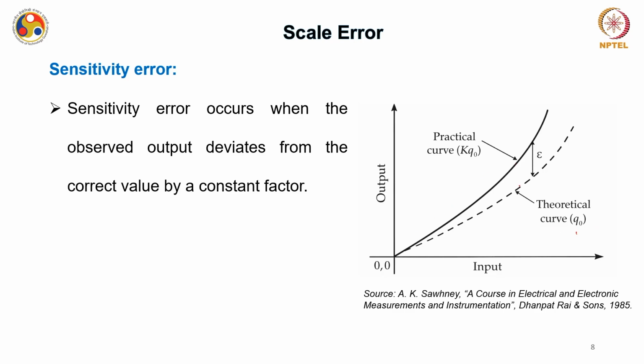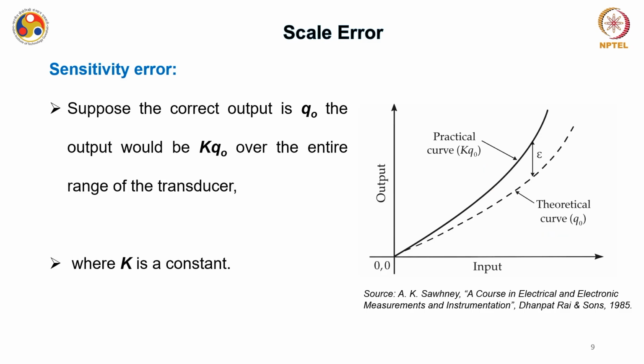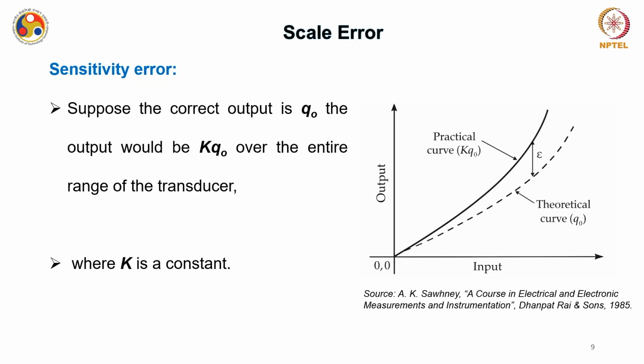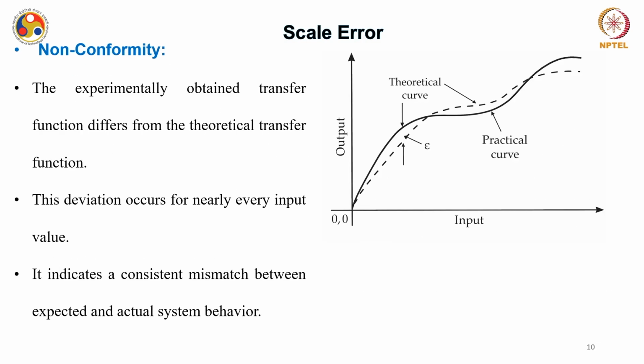If you see, this has scaled up by a constant K. Earlier you expected Q naught, now your practical curve is suggesting K Q naught. The correct output is now scaled by a constant value K over the entire range. In this case, we call that there is a sensitivity error.